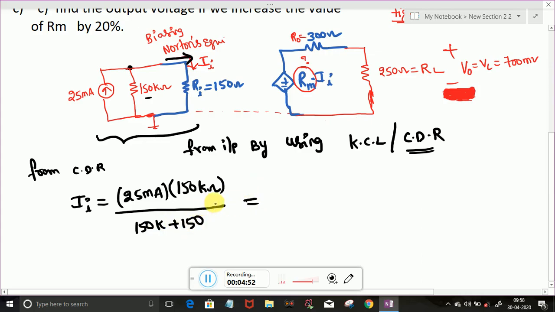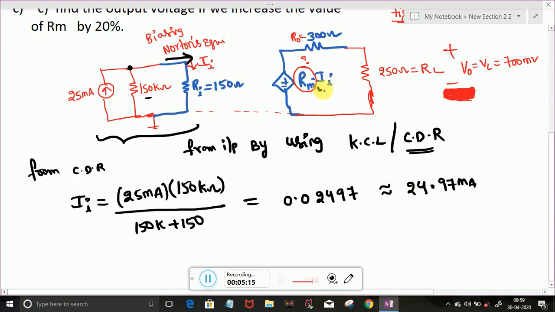Now you simplify this in your calculator. I have done this value already. The value is 0.02497, which is approximately 24.97 milliamperes. You solve this on your own again, you will end up with the same value.